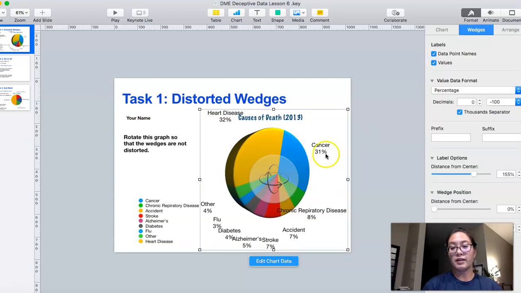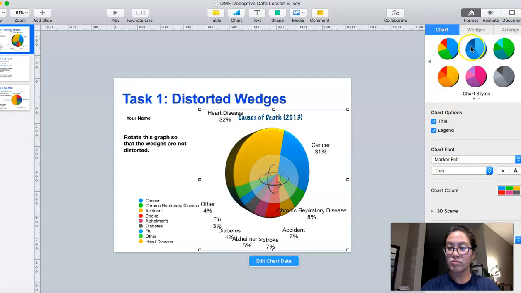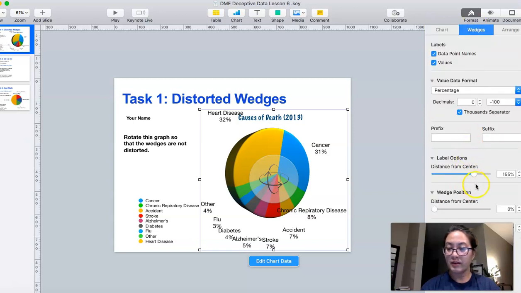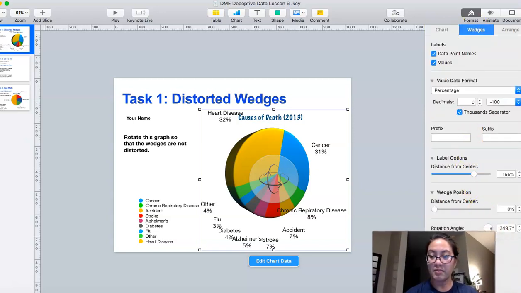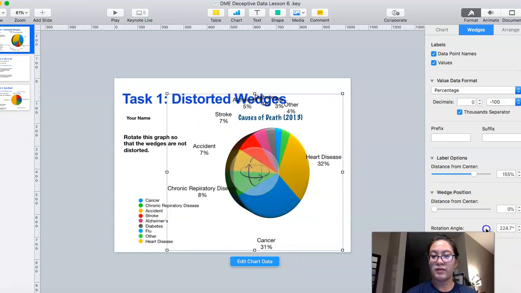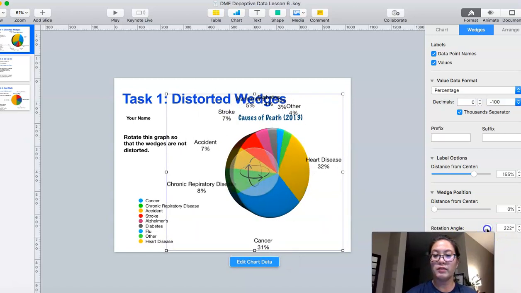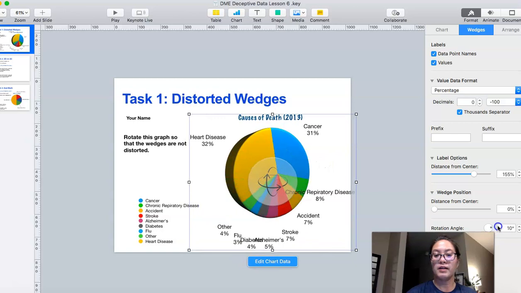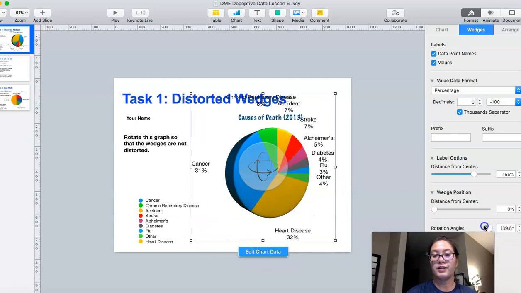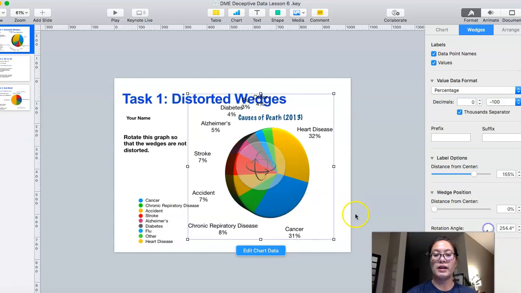The other thing that I can do is I can rotate things. So if I go into my wedges, I believe it's this one. Oh, it's behind my camera. If I rotate this around, you can see how the graph changes a little bit. So now this red one, which is 7%, looks a whole lot bigger than it did before.